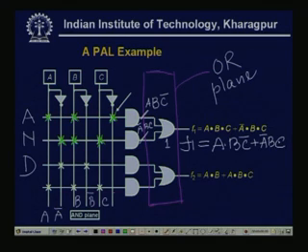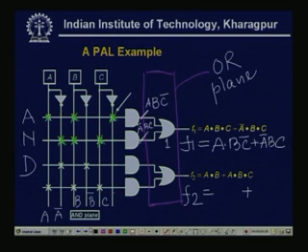Similarly, F2 realizes the OR, that means the sum, of the outputs of two AND gates.